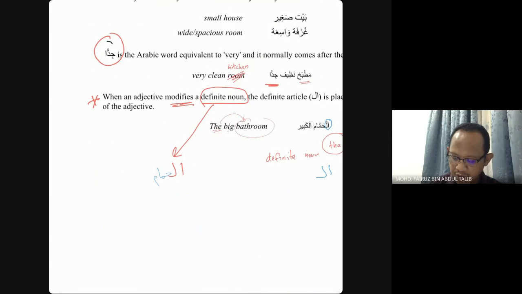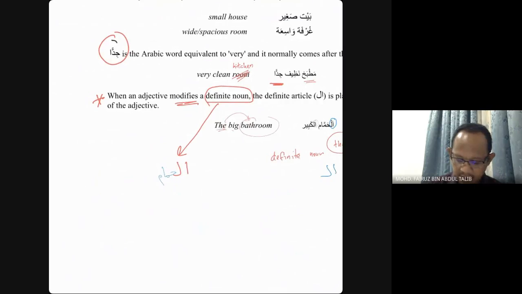So where do you put the word big? Of course, in Arabic, the word big is after the word hammam. So we will say kabir. That is the word big. But this is the grammar rule in Arabic.